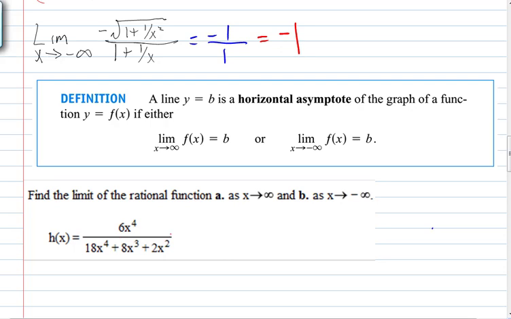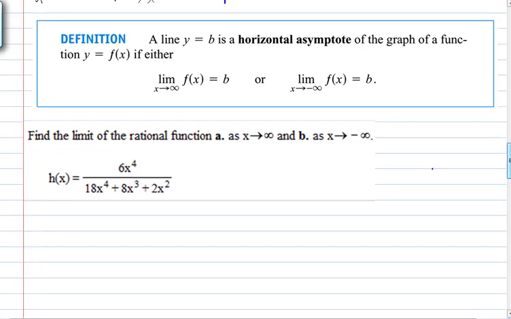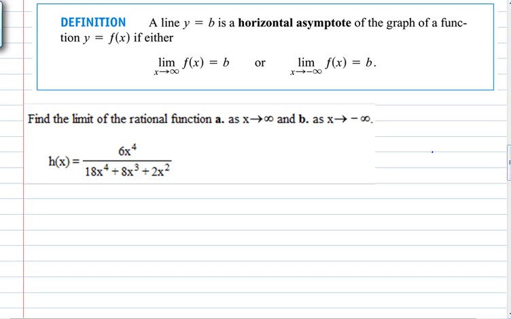Okay? So we're going to find the limit of this as x goes to infinity and negative infinity, parts A and B. I'm just going to do A, okay? So we're going to look at the limit as x goes to infinity of 6x to the fourth over 18x to the fourth plus 8x cubed plus 2x squared.